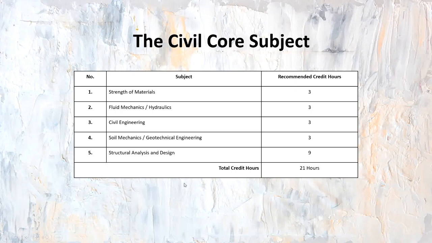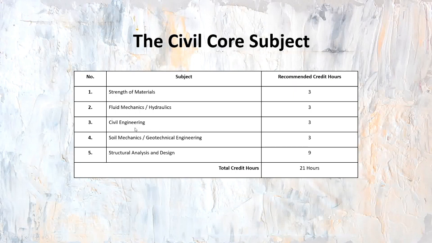As you can see here, there is information regarding the subject and also the recommended credit hours for each subject. 5 subjects are listed as course subjects, including firstly, strength of materials with 3 credit hours recommended. Secondly, fluid mechanics or hydraulics with 3 credit hours recommended.